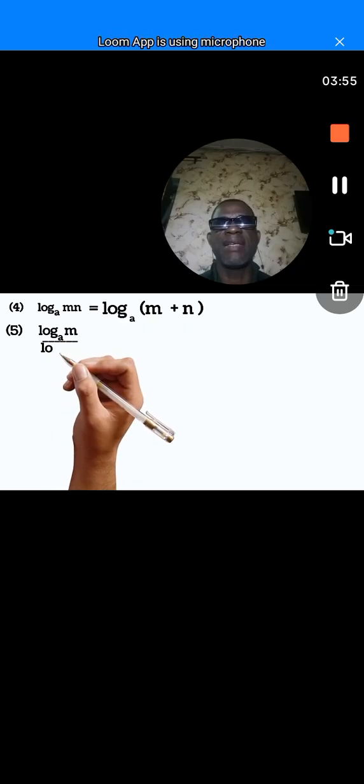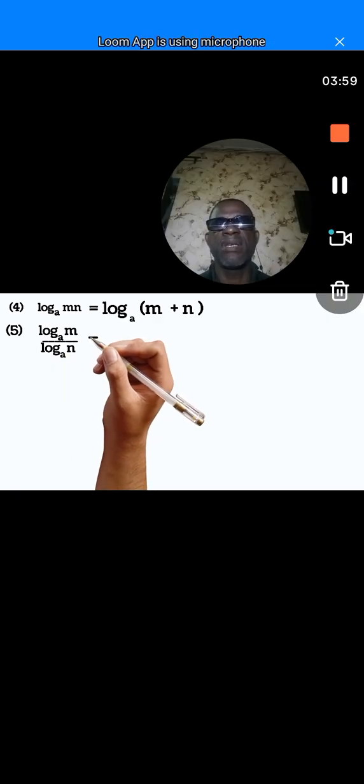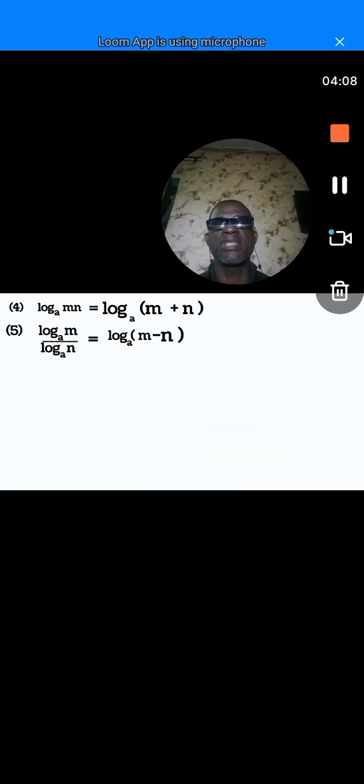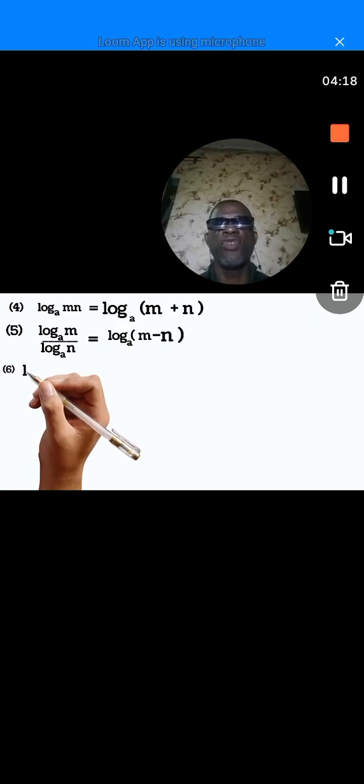The next identity is how to divide logarithms of the same base. It says log m base a minus log n base a is the same thing as log m over n base a. These laws are important as we attempt to solve this question.